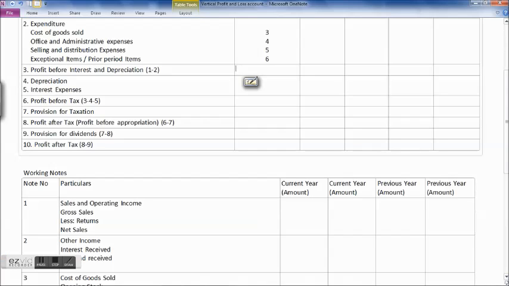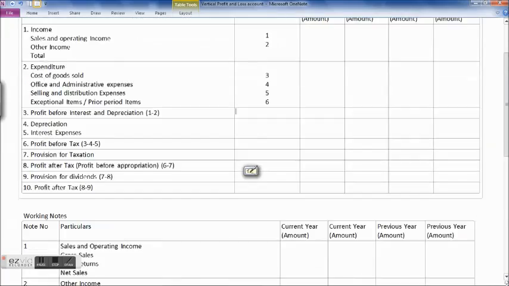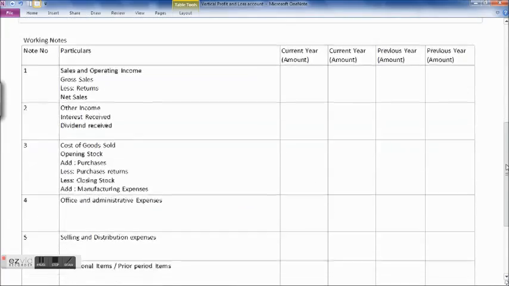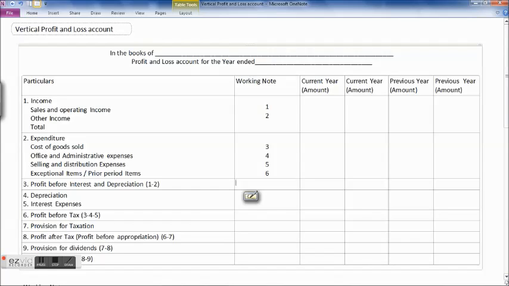Now, as I said, your other income may include profit on sale of asset. So if there is a loss on sale of asset, where do we include that loss? There are two or three views. Either you can include it in your exceptional or extraordinary items, or you can bifurcate it. If it is loss on sale of machinery, you can include it in your manufacturing expenses.